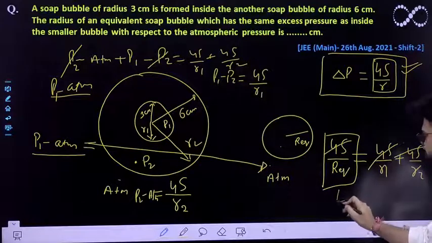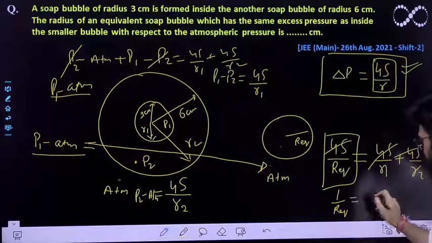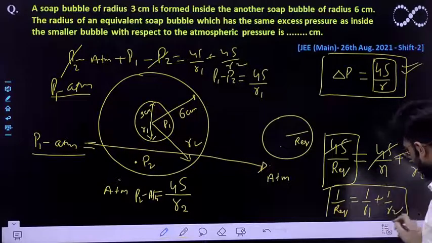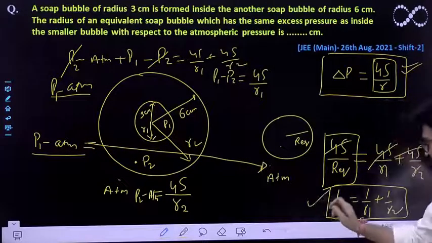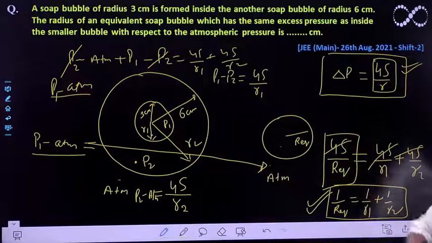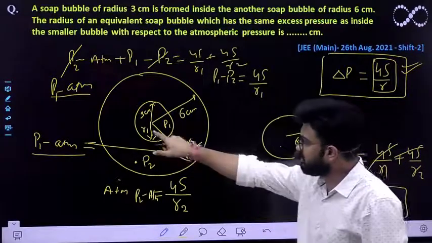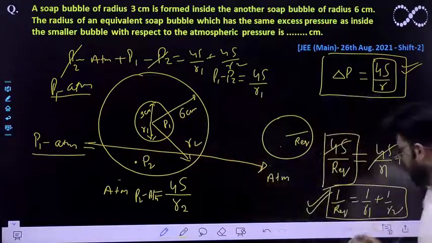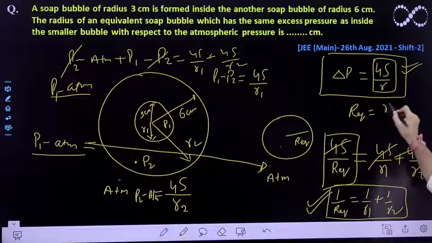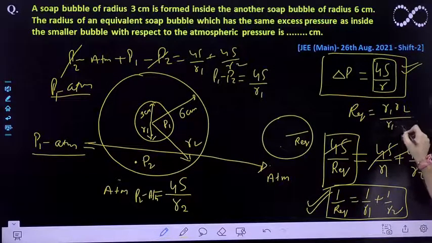Eventually you get 1 upon R equivalent is equal to 1 upon R1 plus 1 upon R2. This is a very important expression that you need to learn. You can directly use this equation. You can also write it as R1 R2 divided by R1 plus R2.